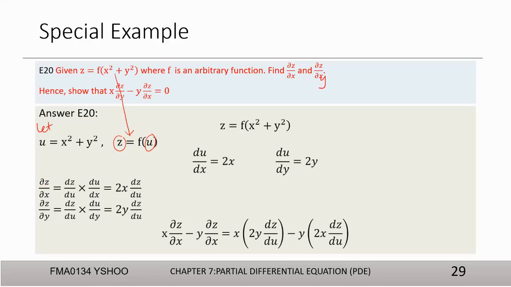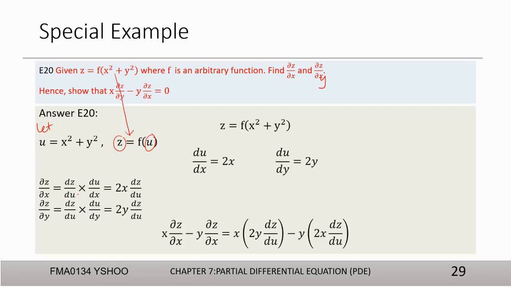So now I repeat, although we are looking for del z del x, because we use the substitution u equals x squared plus y squared, we substitute x squared plus y squared to become u. Now it becomes one variable. When this is one variable, we use d. If we have more than one variable, we use del.